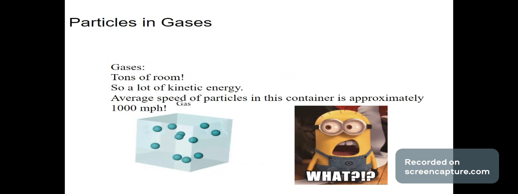So solids are tightly packed, liquids have some kinetic energy, and gases have a lot of it. But with solids, we're talking about the object itself as one entire compound moving around, not necessarily the forces in between them. Solids have low kinetic energy, liquids some, and gases high amounts.